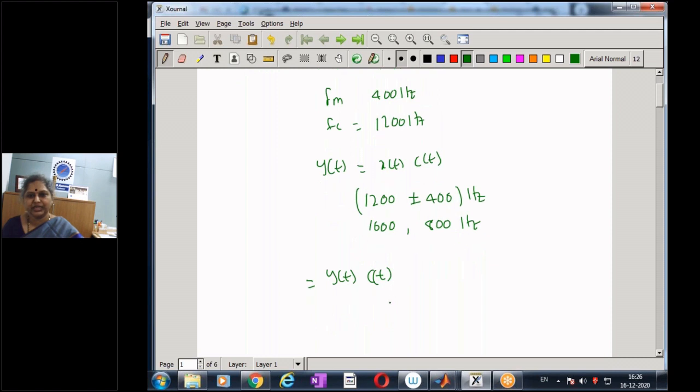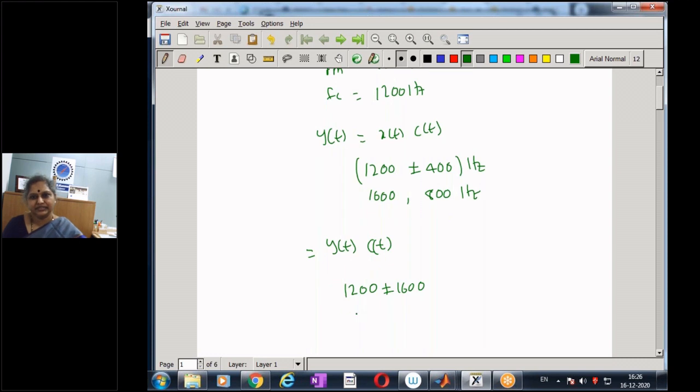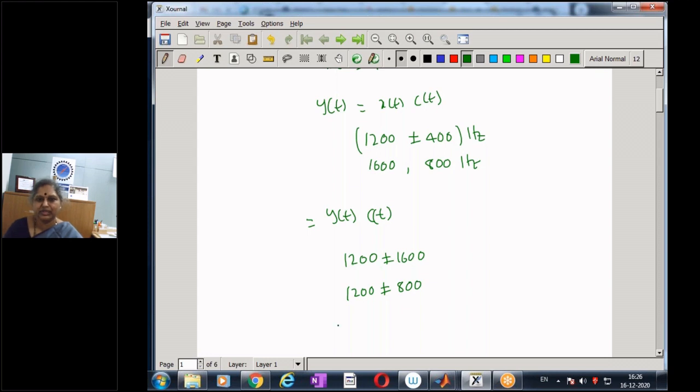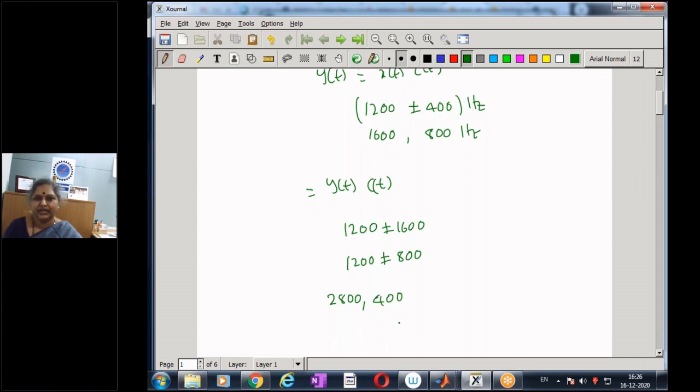In principle, I have 1200 plus or minus 1600 as one set of frequencies, and 1200 plus or minus 800 as another set. So we are going to get four frequencies: 12 plus 16, that is 2800. Then 12 minus 16, that is going to be 400. And then 12 plus 8 is going to be 2000. And then 12 minus 8, again 400.